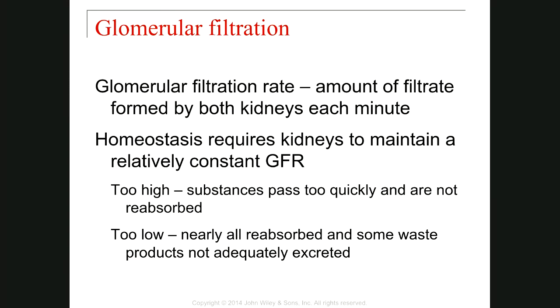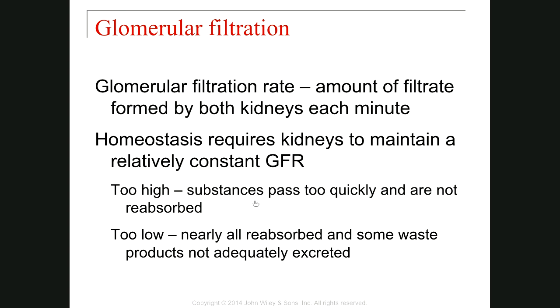In adults, the GFR is 125 milliliters per minute in males and 105 milliliters per minute in females. The homeostasis of our body fluid requires that the kidneys maintain a relatively constant GFR. If the GFR is too high, needed substances may pass quickly and cannot return to our blood vessels.